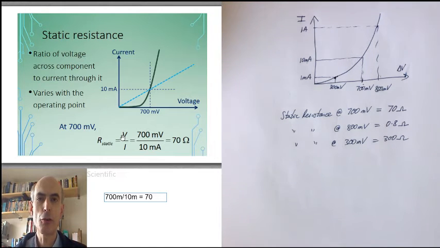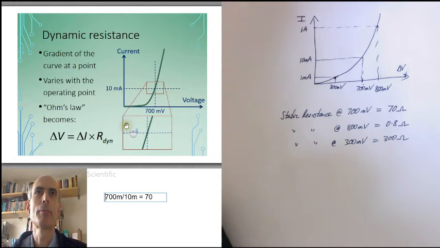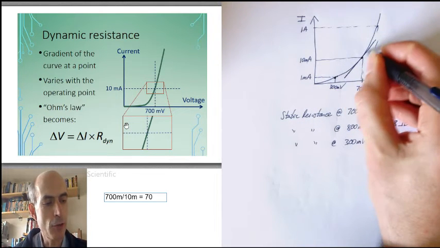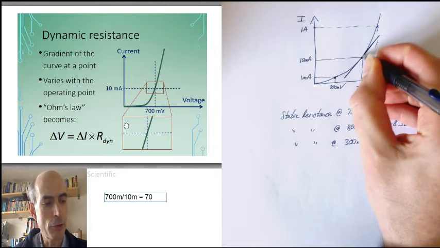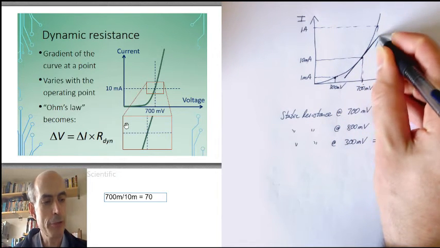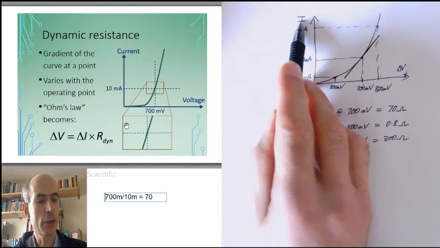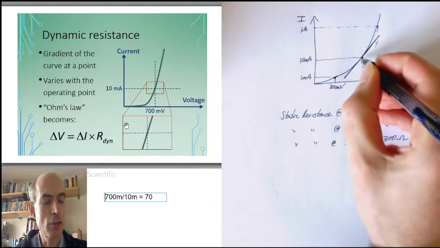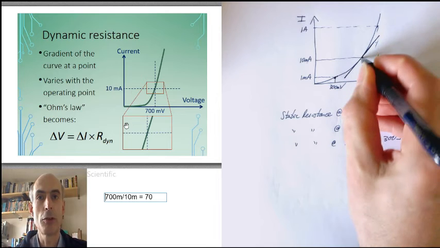Static resistance is often defined in contrast to dynamic resistance. Dynamic resistance is defined in terms of the gradient of this graph at any point. Since the graph has current on the y-axis, the dynamic resistance is actually the inverse of the gradient of this curve at any point.